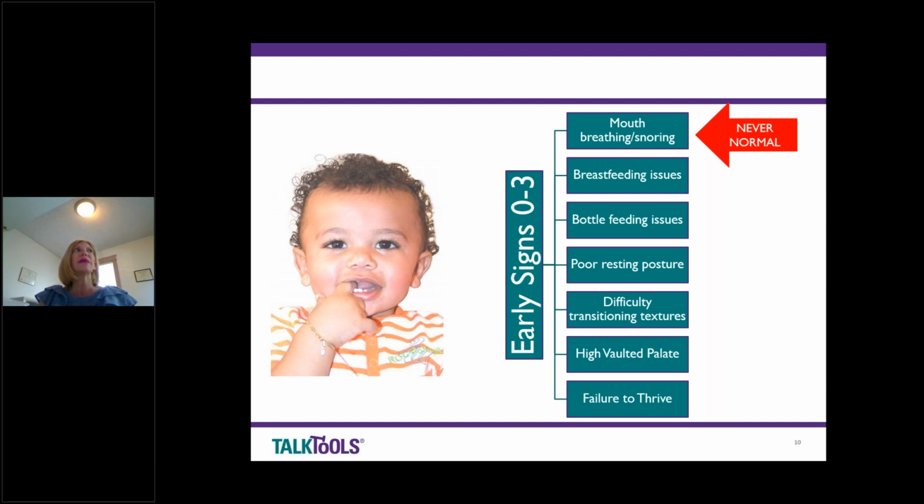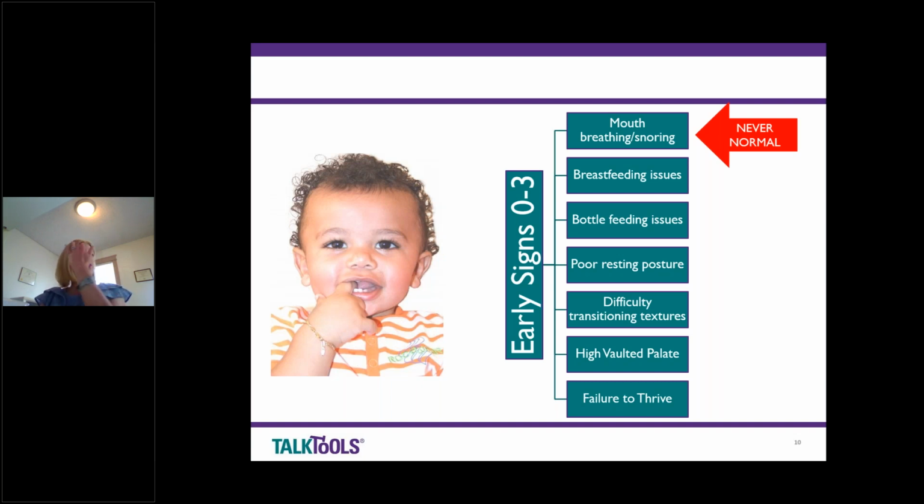But if you're seeing a young baby with dark circles under the eyes and deep creases under the eyes, and parents are complaining the baby is up so many times in the night, you really want to investigate and ask, is that baby snoring? Because snoring in any human is really never normal. It's a sign of upper airway resistance or possible sleep apnea. And especially in our babies, when we have to worry about SIDS, we really need to ask about sleep.